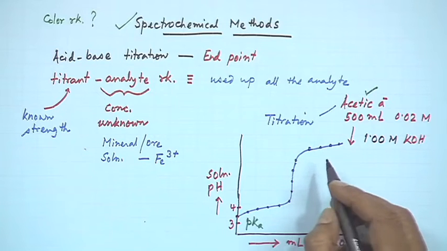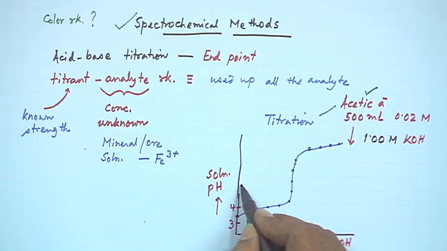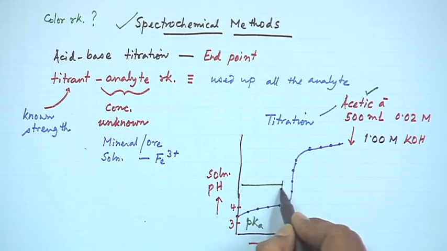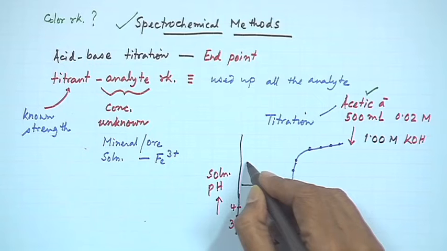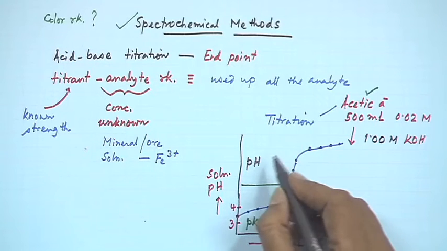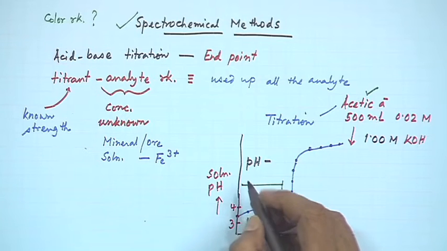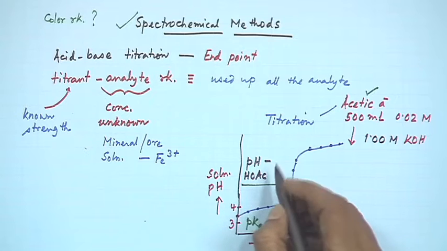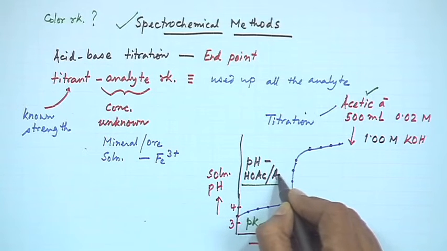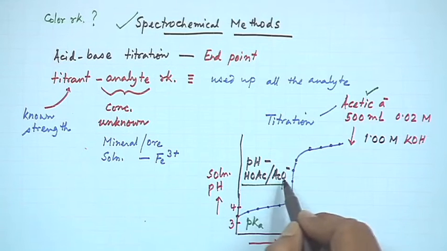So at this point, this horizontal part is basically given by the corresponding pH of a chemical equilibrium that we have discussed so far, the equilibrium between the acetic acid and the acetate ion, HOAc and acetate ion.